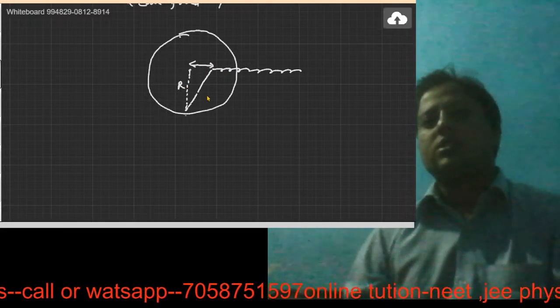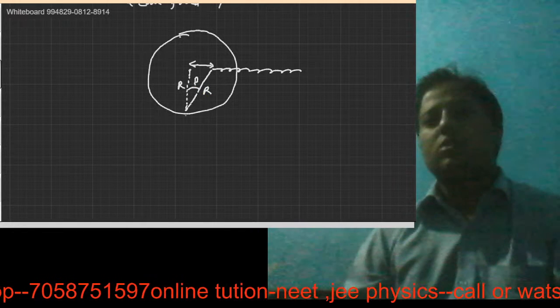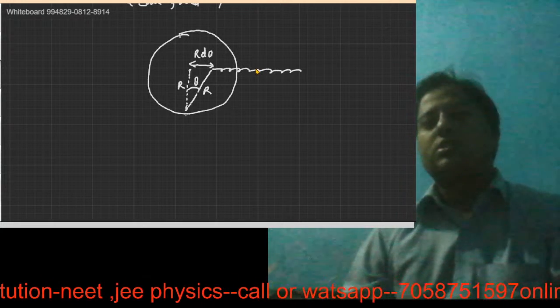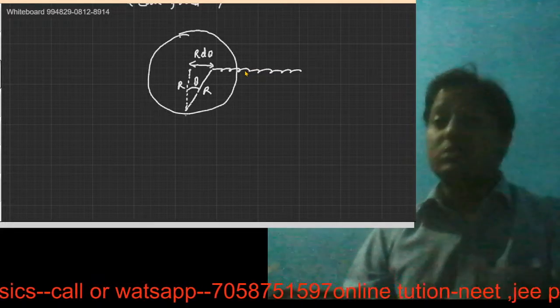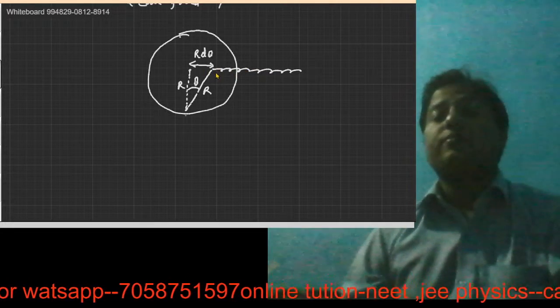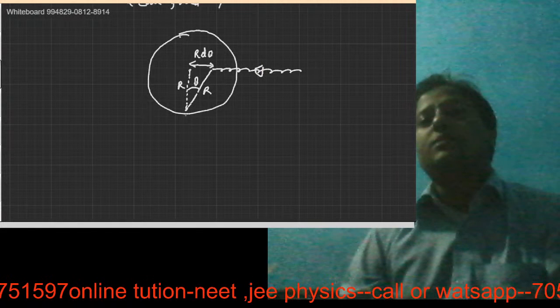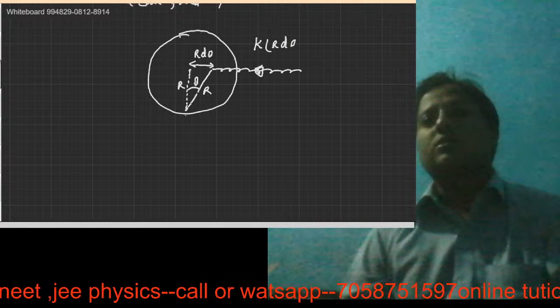Here this distance is r, this distance is also r because the angle is small. So this length is r d theta, and the compressional force on the spring is k r d theta. So the force applied by the spring on the body is k r d theta.